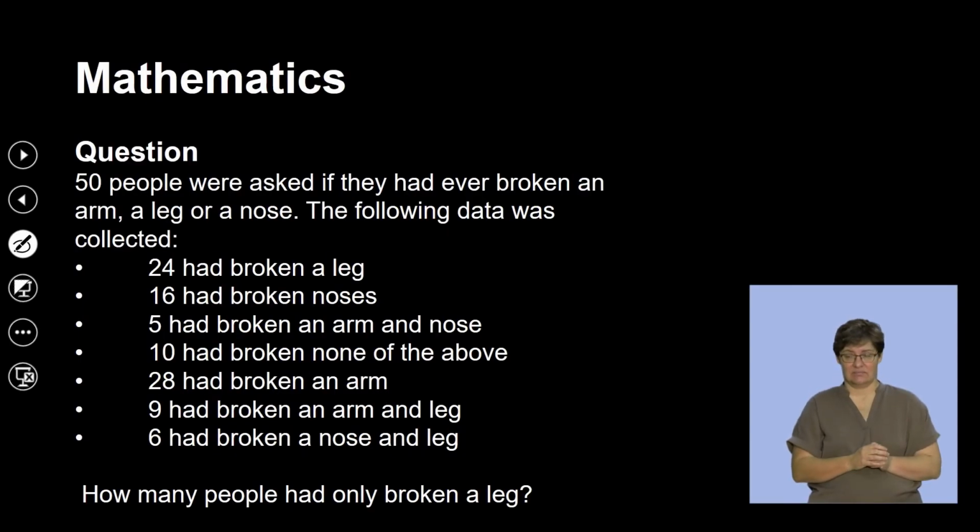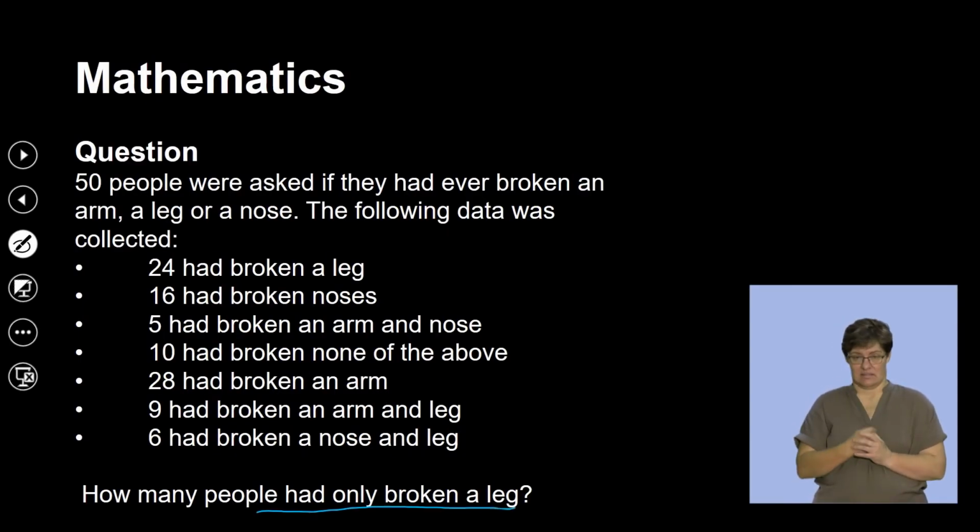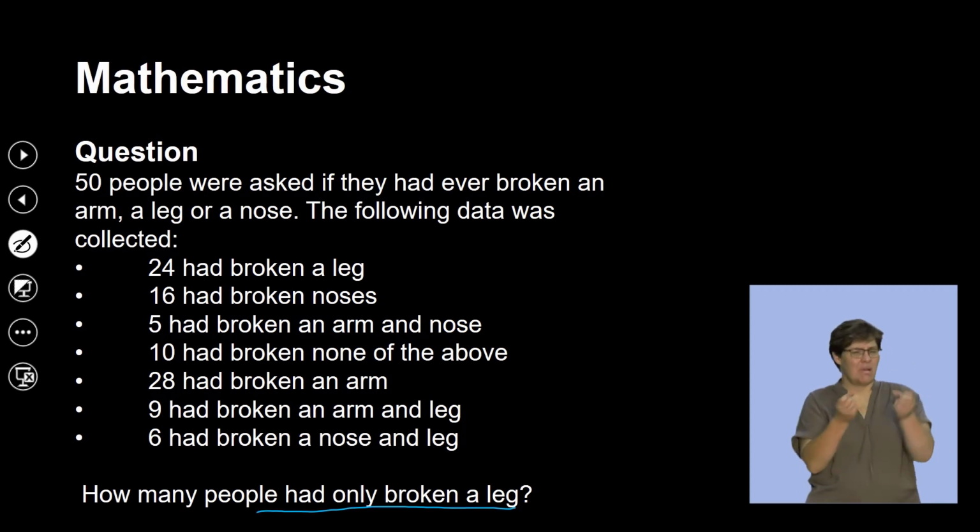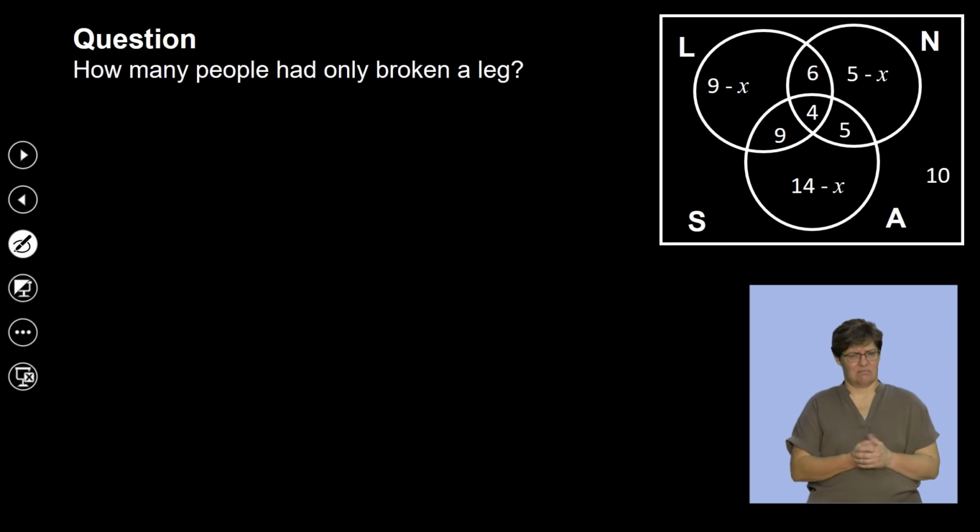So they've asked us to look and see how many people have only broken a leg. Well, it's not difficult to see. In this case, only broken a leg is in that segment there. It means that we know that x is equal to 4, and we want to find 9 minus x.